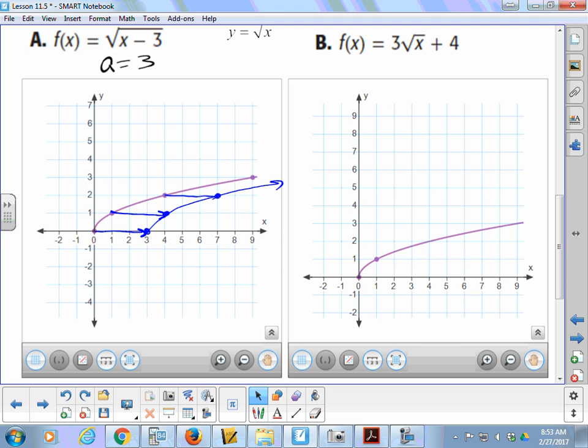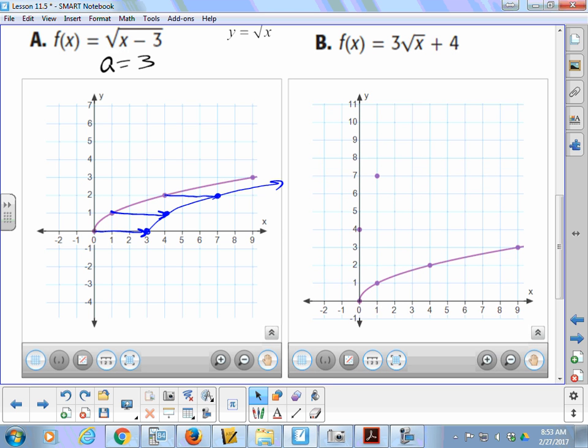So to start out, 3 times, so I'm going to multiply these y values by 3, and I'm going to add 4 to them. So 3 times 0 is 0, plus 4 is 4. 3 times 1 is 3, plus 4 is 7. 3 times 2 is 6, plus 4 is 10.